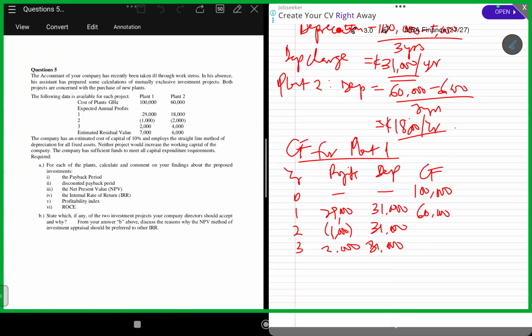Year 2, how do you do it? 31,000 plus 1,000, you add. So 32,000. Year 3, 31,000 plus 2,000.